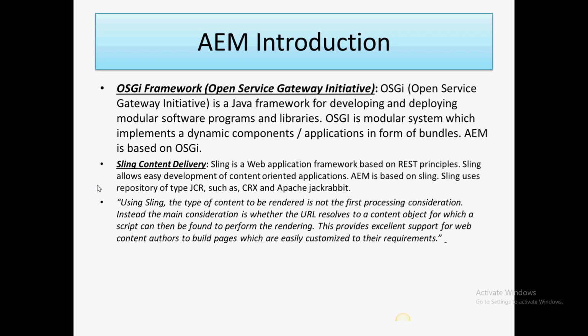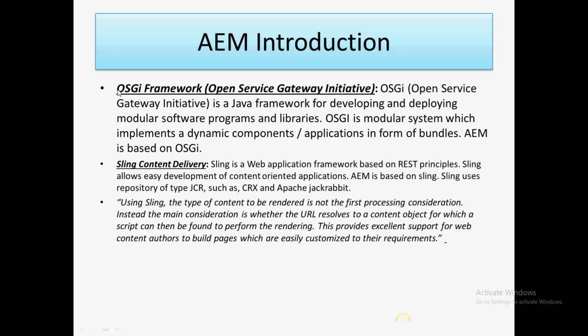Simple, as in other content management systems. If I talk about WordPress, all the data is being stored in MySQL, and then we access that data from the database and show it on the front end. In this case it is a REST API. This REST API connects to the JCR, and then it is responsible for showing the data. So Sling is very important because it shows you all the data that is being presented on the front end.